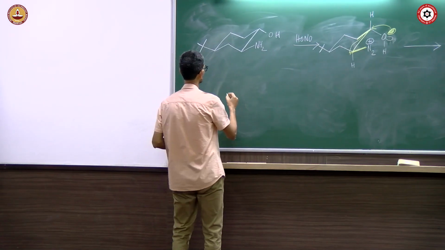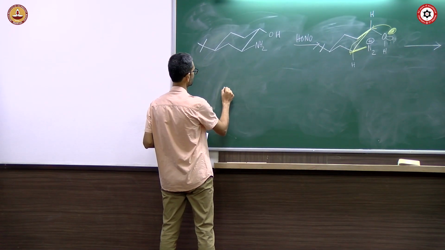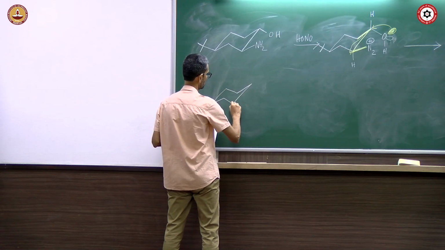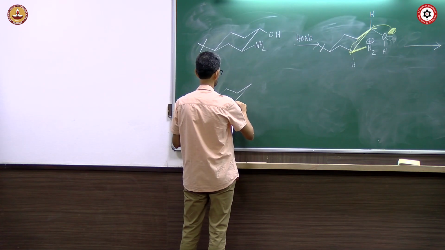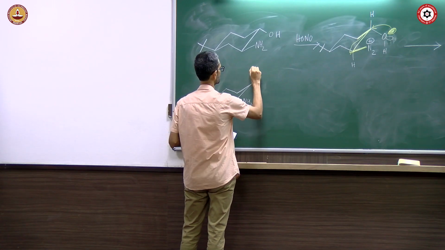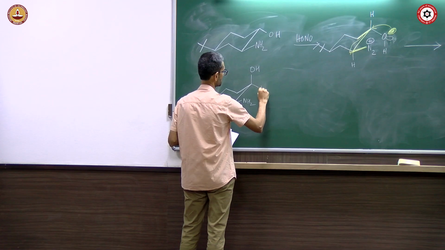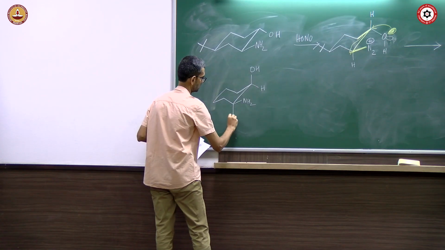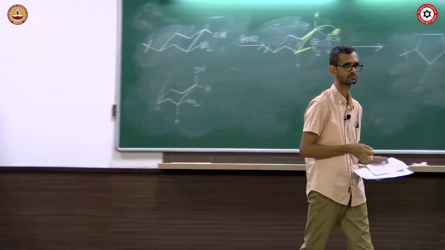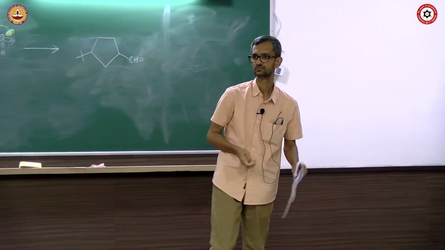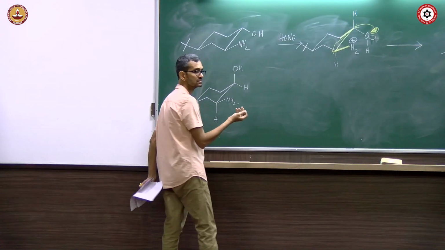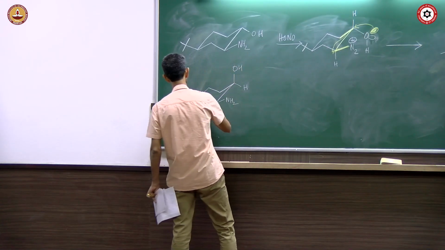A similar compound could be obtained from a different starting material, which is when the amino group is equatorial and the hydroxy group is axial. So treatment with nitrous acid again converts this amino to diazonium.